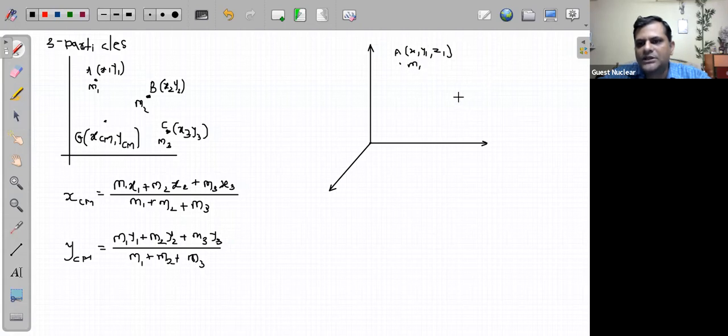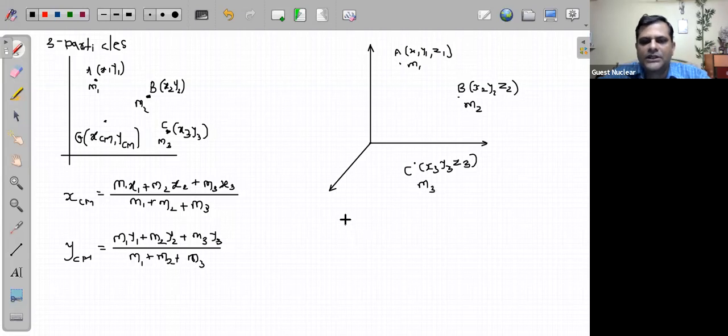Okay, and suppose that this point is B, whose coordinates are x2, y2, z2, and its mass is going to be m2, and the third one can be here like this. It can be anywhere, because it's 3-dimensional. So here the coordinates are x3, y3 and z3. The mass of this particle is going to be m3.